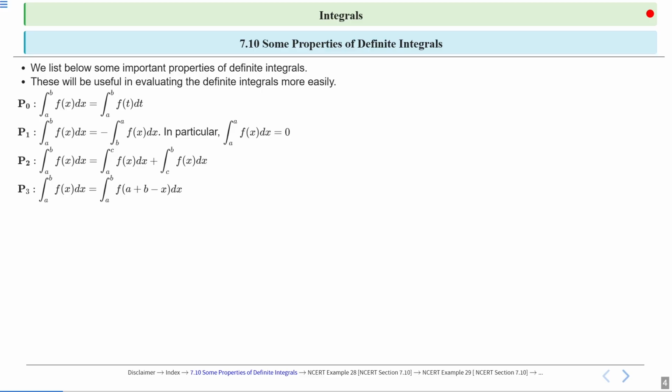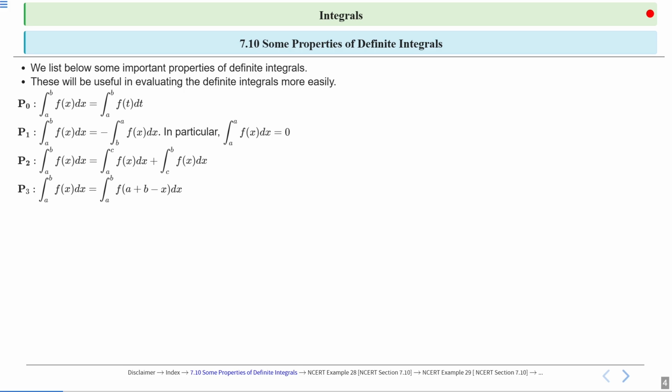Property 3, P3, is: the value of the definite integral from a to b f(x) dx is equal to the definite integral from a to b f(a + b - x) dx. This is a very important property. We use this property mainly in symmetric functions. We will see how we use this property.